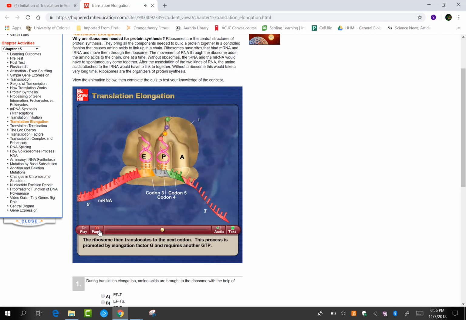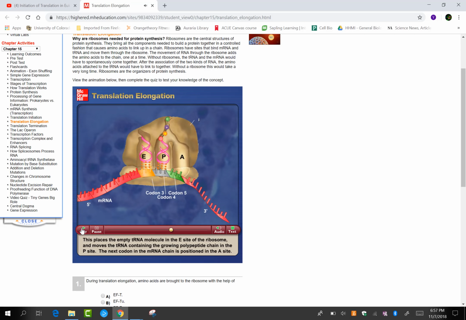Okay, so really important. The bond made between the amino acids is called a peptide bond. It's a nice, strong, covalent bond. And now the ribosome is going to move so it can read the next codon in the A site. And let's see what happens at the E site. This process is promoted by elongation factor G and requires another GTP. You don't have to know that.